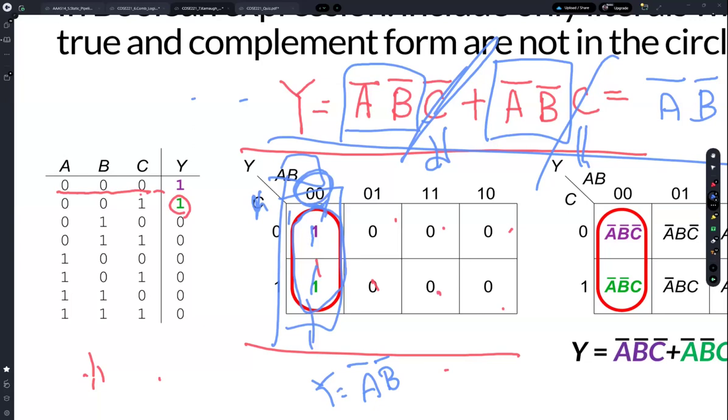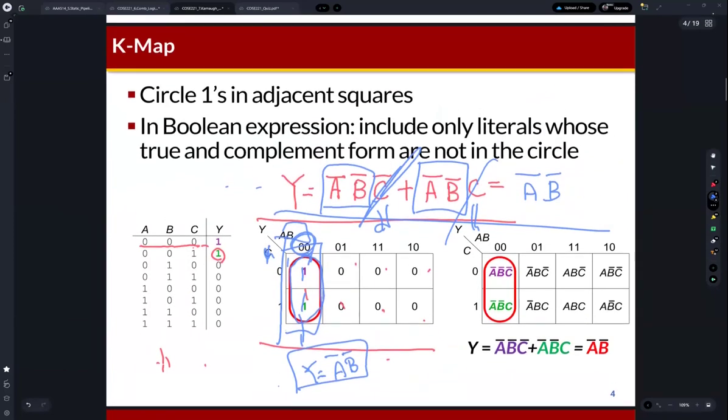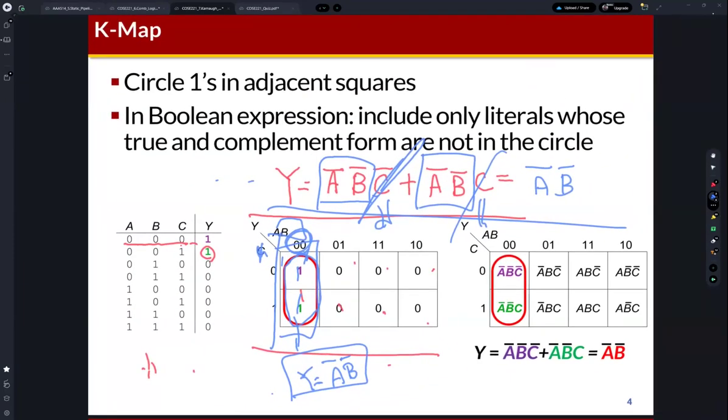So we can just represent the Boolean equation for Y as A bar and B bar. So basically, a Karnaugh map uses the combining theorem to minimize the Boolean equations.